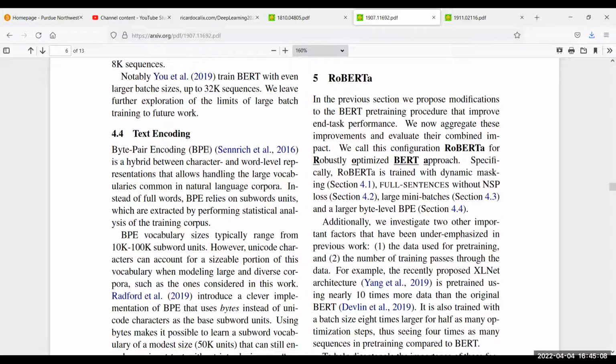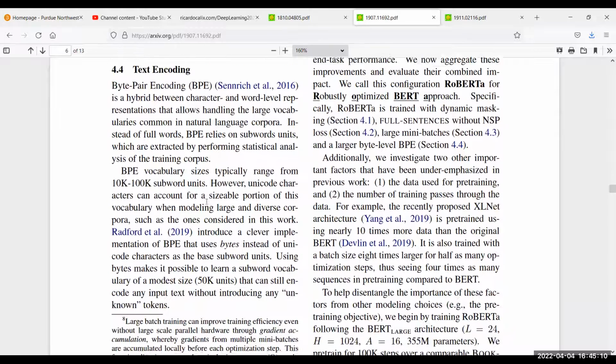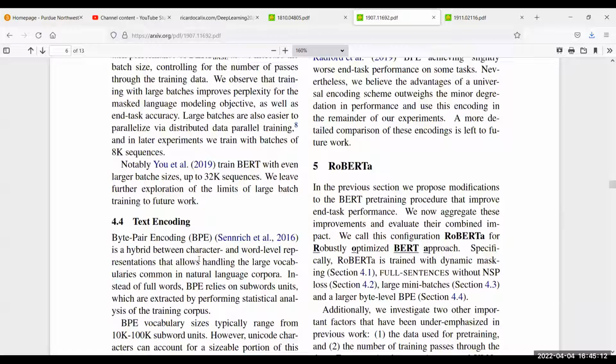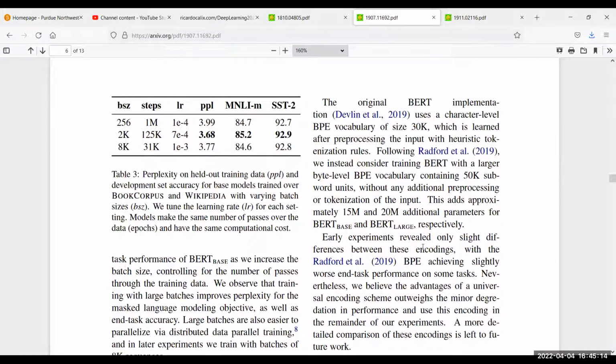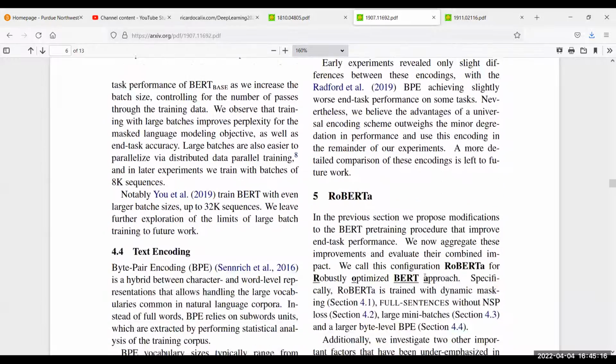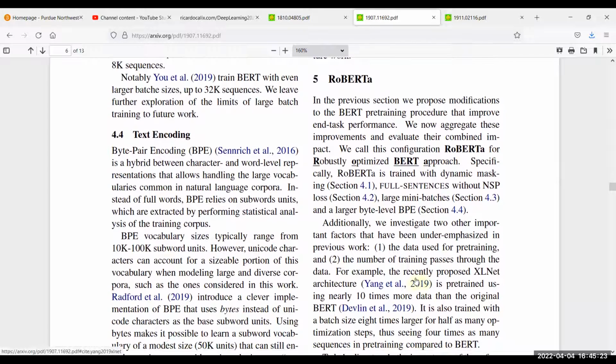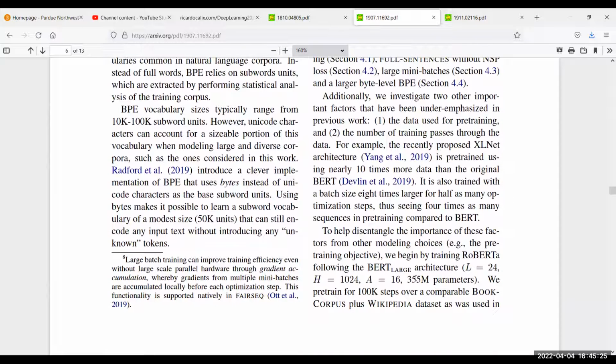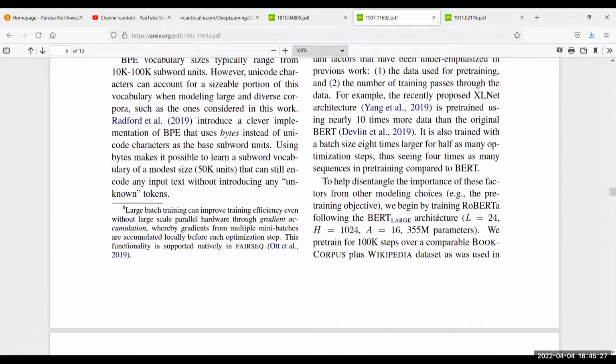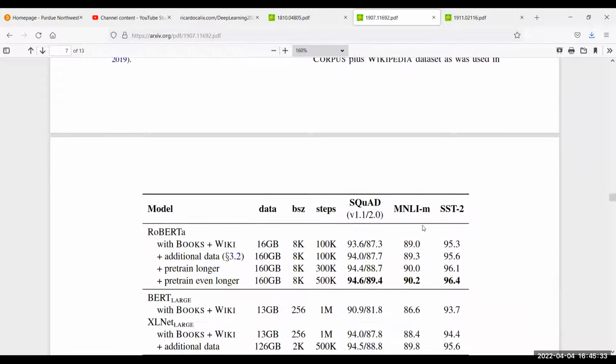Also, the byte encoding, the subword encoding that they use, I think is consistent with BERT. There's this robustly optimized BERT approach, RoBERTa. Here's the number of parameters, etc. So they kind of start at BERT large and then go from there.